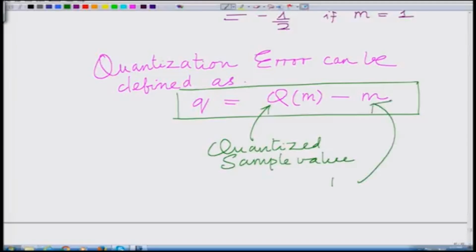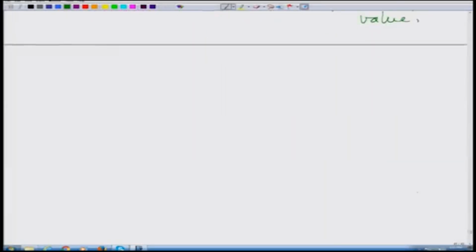And therefore, we have seen that q lies between minus delta by 2 to delta by 2.